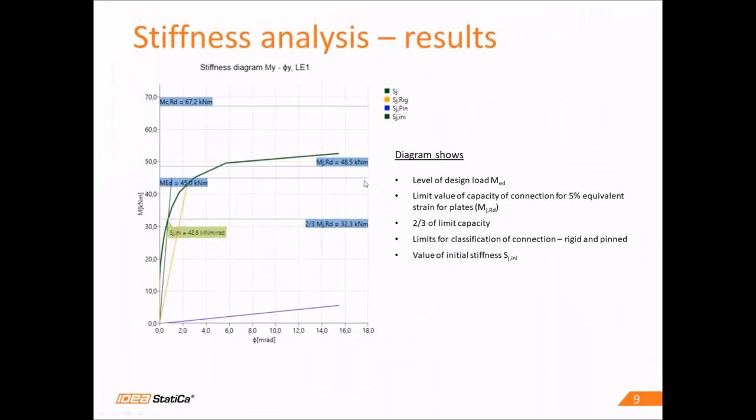As a result, you will see a similar diagram, and I can explain to you what it means. The green curve represents the dependence of bending moment on rotation. You can see the level of design load.